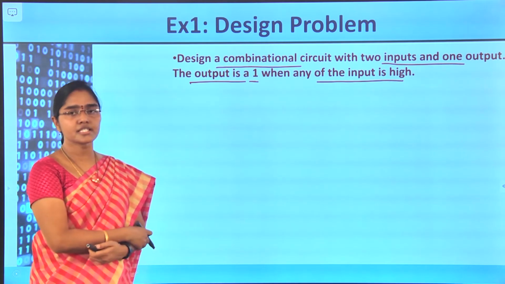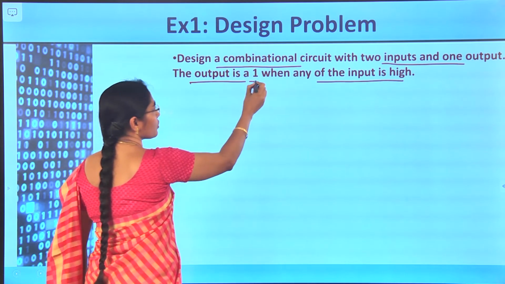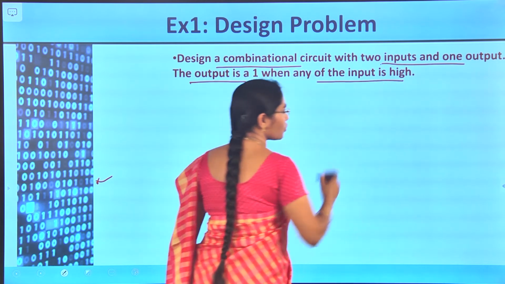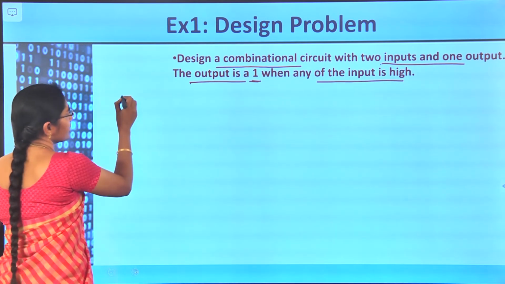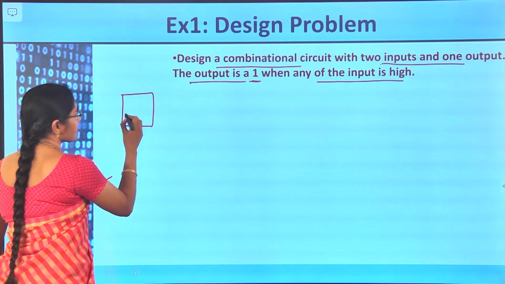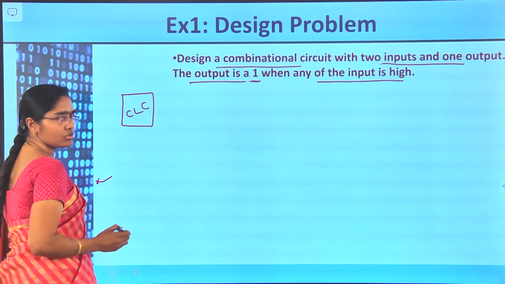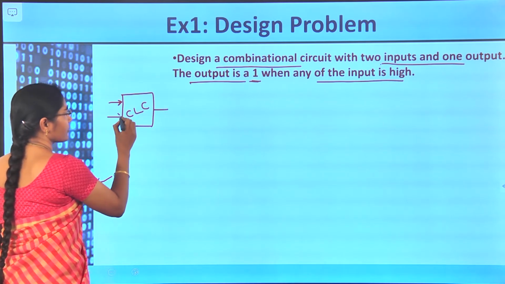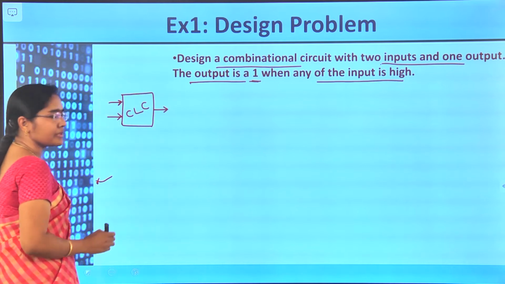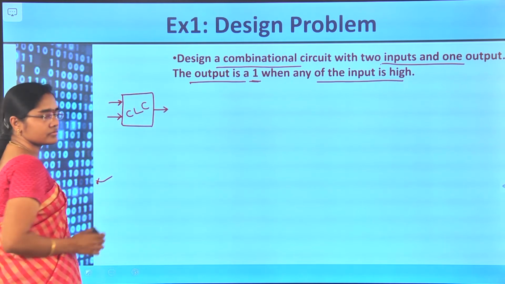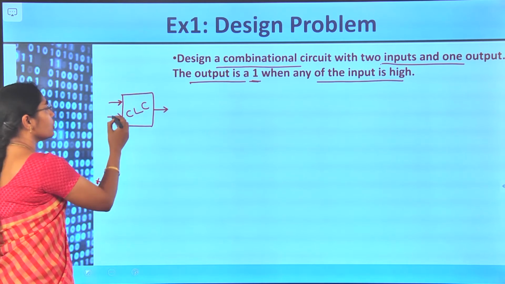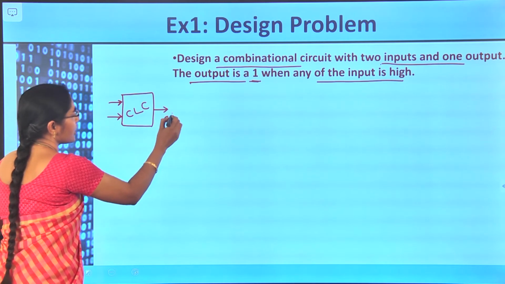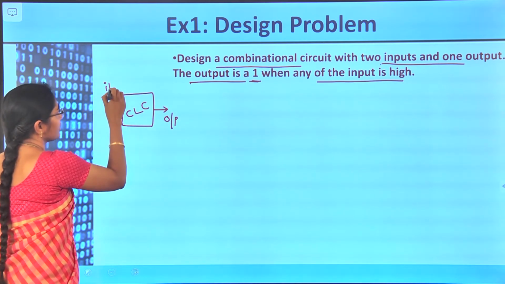If any input is high, then the output is going to become a 1, and this logic circuit is using 2 inputs and 1 output. Inputs and outputs will be defined by these arrows, therefore, arrows are compulsory. This is the output and these are the inputs.